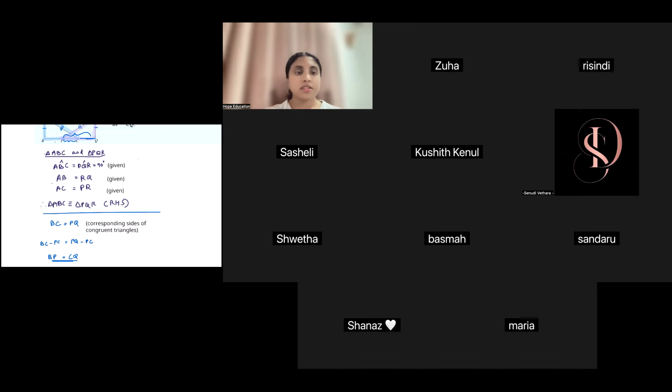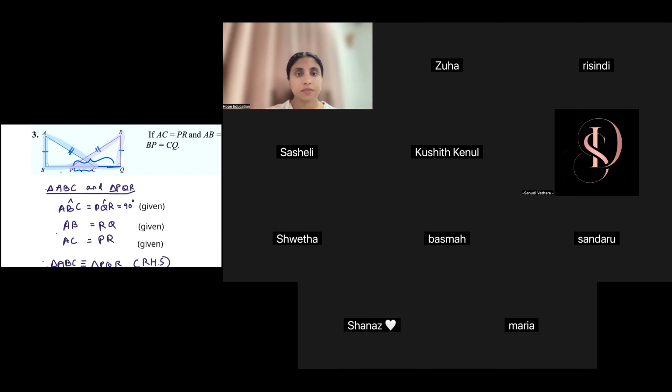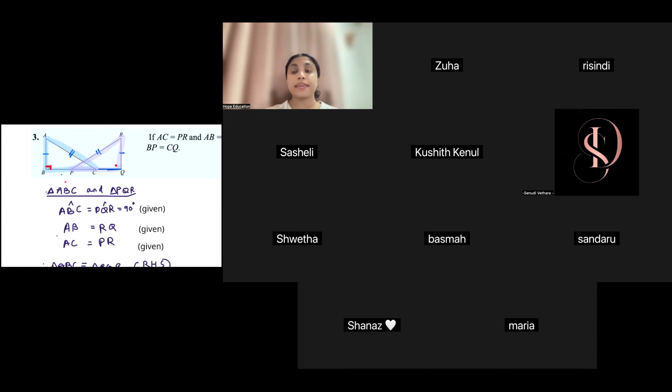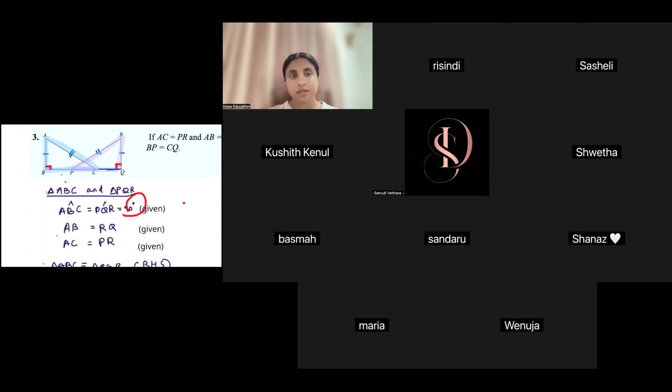Okay. So first of all, if you take these two triangles, we can see in both the triangles, the angle ABC and the angle PQR are both 90 degrees. So they are equal. That is one equal element.